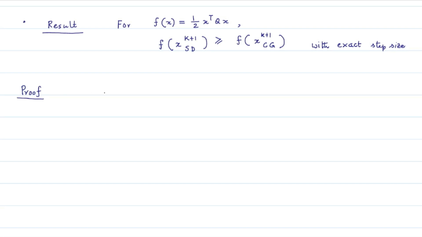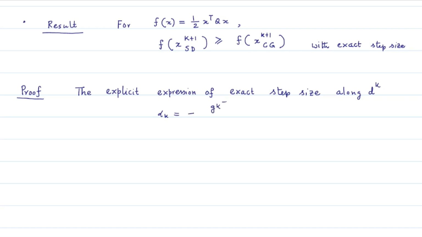In proving this result, we recall that the exact step size for a quadratic function along a given direction, say d_k, is given by minus g_k transpose d_k divided by d_k transpose Q d_k.